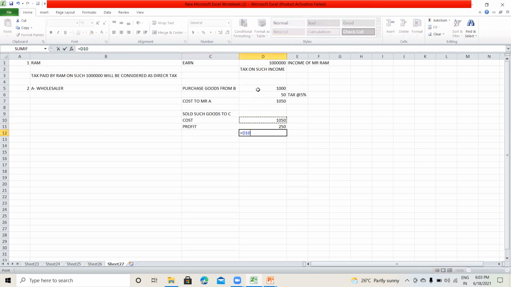So the amount is this plus this, and he will charge tax on such amount at the rate of 5%. So the tax will be 65 rupees. So the total amount paid by Mr. C is 1,365 rupees.